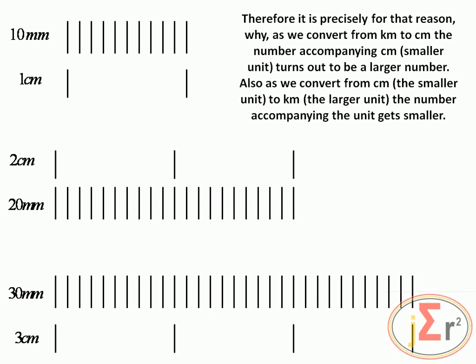Also, as we convert from centimeter, the smaller unit, to kilometer, the larger unit, the number accompanying the units gets smaller, because the large number accompanies the small unit, and the smaller number accompanies the larger unit for the same length.